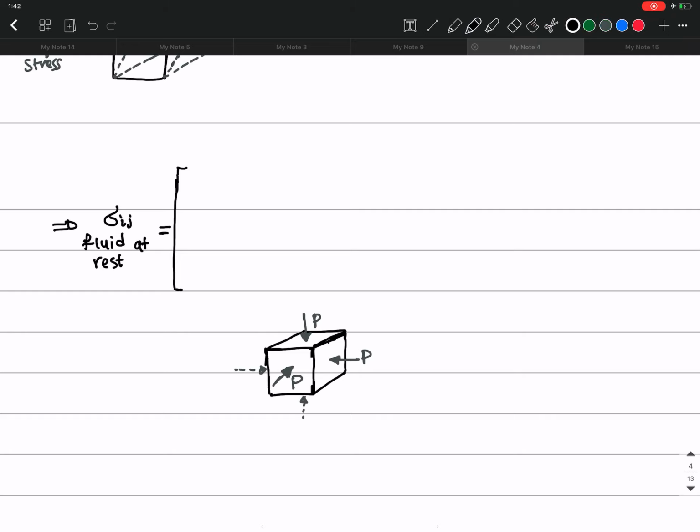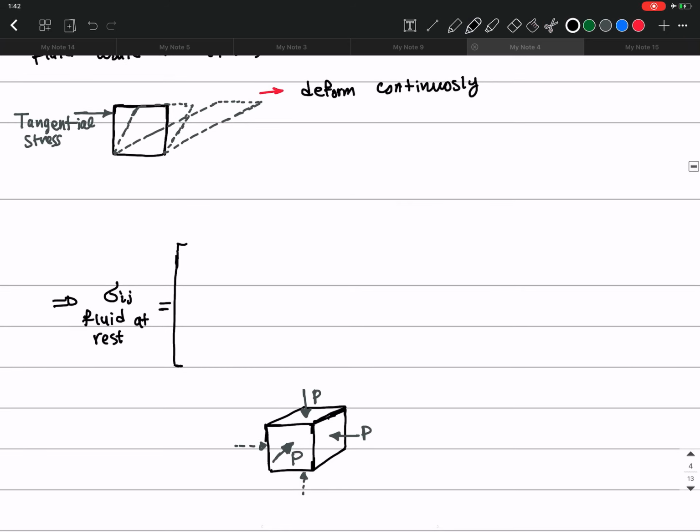So what would be the stress tensor? First of all, the sign of the pressure: the n vector is always outward and the pressure stress is toward the inside of the control volume.